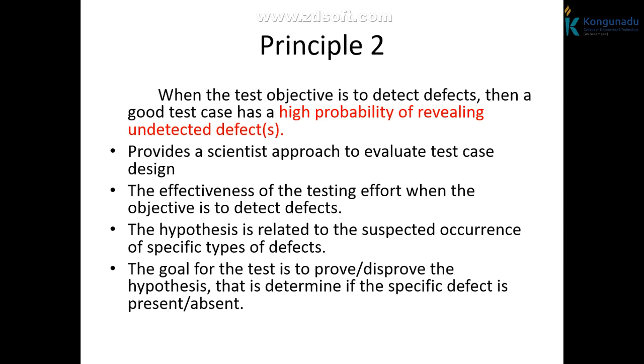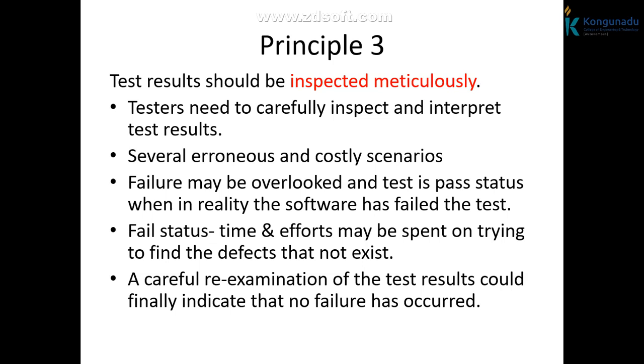When the objective is to detect defects, the hypothesis is related to the suspected occurrence of a specific type of defect. This principle is to prove or disprove the hypothesis, that is, determine if the specific defect is present or absent.